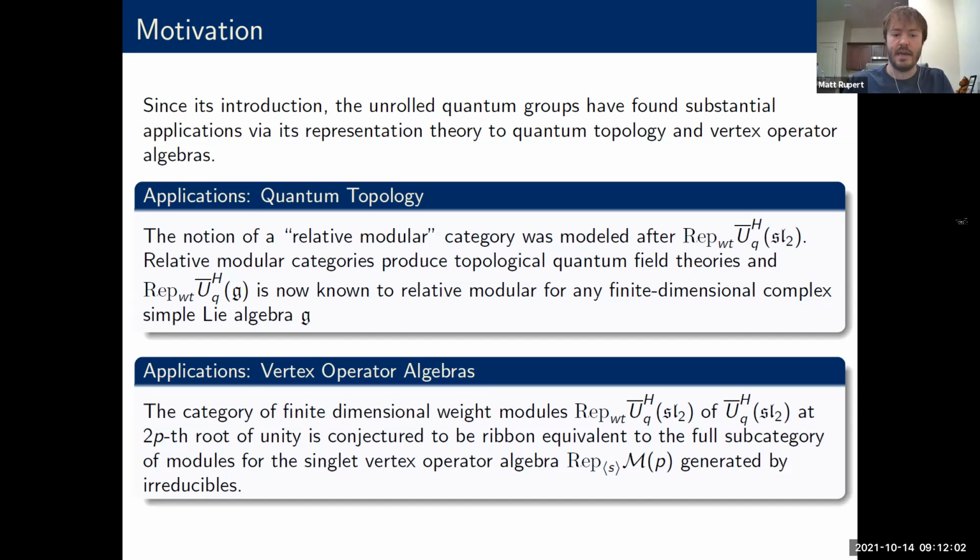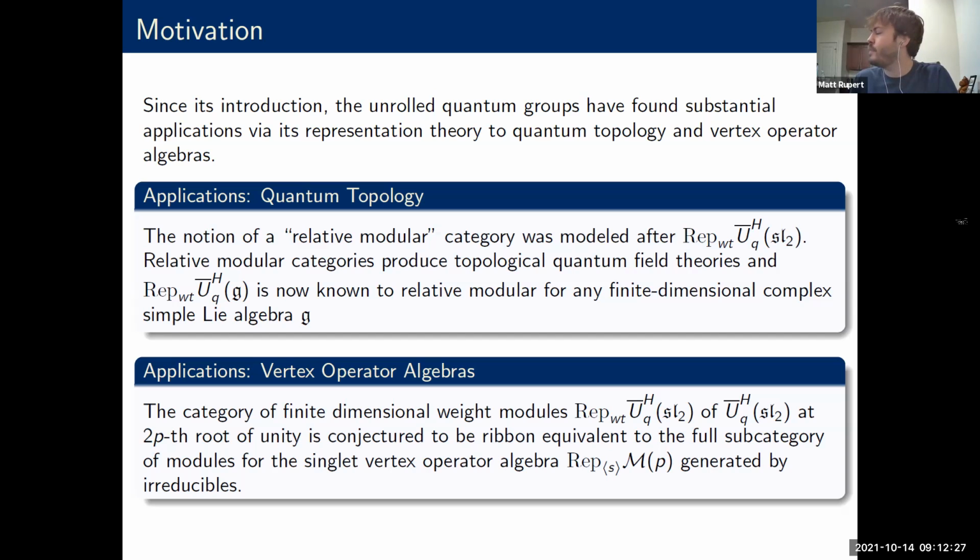On the vertex algebra side, it's expected that the category of finite dimensional weight modules for SL2 at q, a 2p-th root of unity, should be ribbon equivalent to the full subcategory of modules for the singlet vertex operator algebra generated by irreducibles. And we don't need to restrict ourselves just to this case.